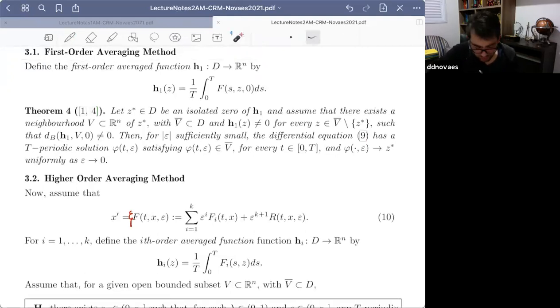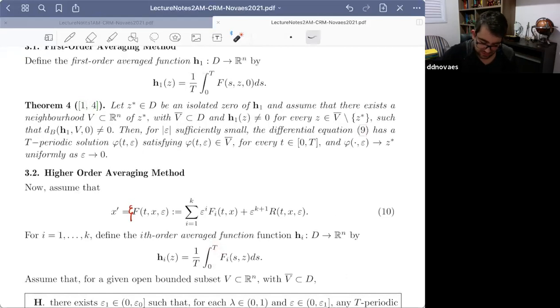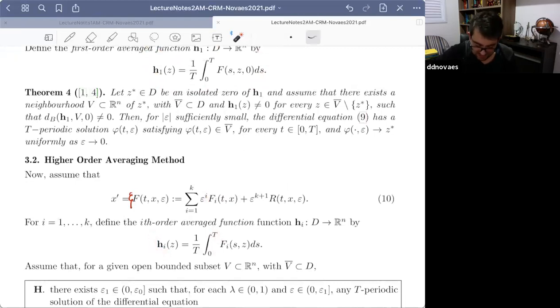So assume that this function is given like this, and consider now the average function of order i as 1 divided by T multiplied by the integral between 0 and T of f_i now. Okay, it's the same in this context. h1 would be the integral of f1, and now define h_i as the average of f_i.